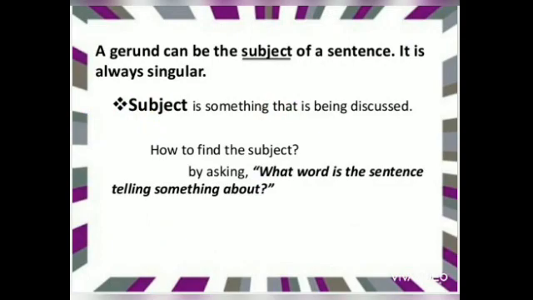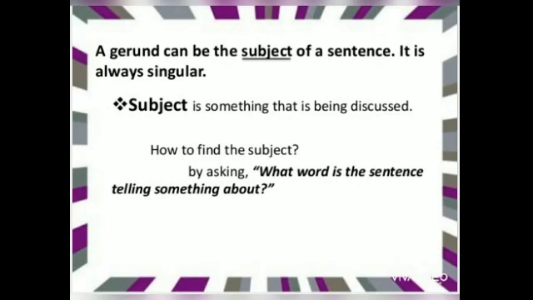A gerund can be the subject of a sentence. It is always singular. Subject is something that is being discussed. Now, how to find the subject? By asking what word the sentence is telling something about.